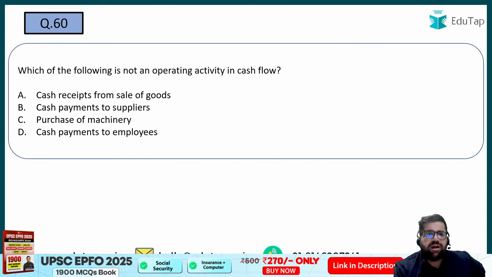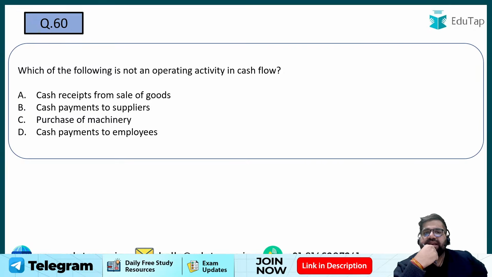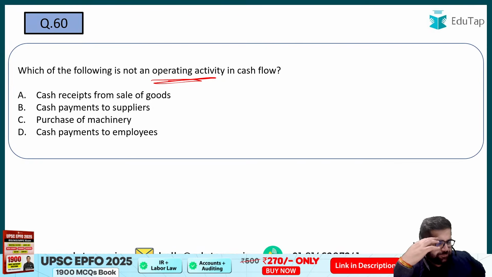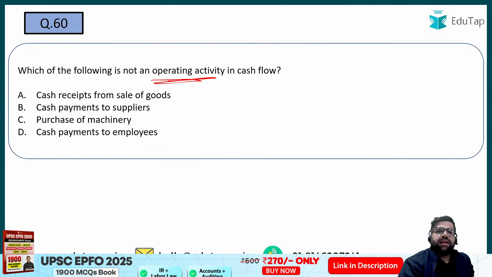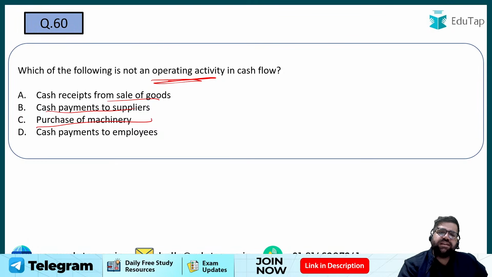Numericals आने ही वाले, you have to be ready now. Question number 60. Which of the following is not an operating activity in cash flow? Cash received from the sale of good, cash payment to suppliers, purchase of machinery.